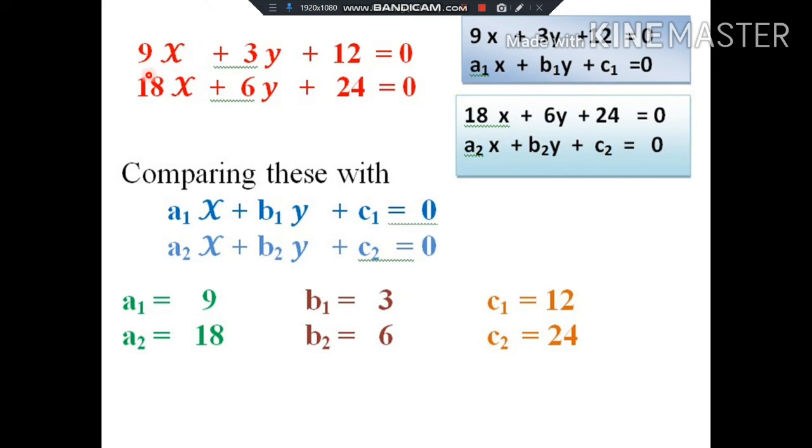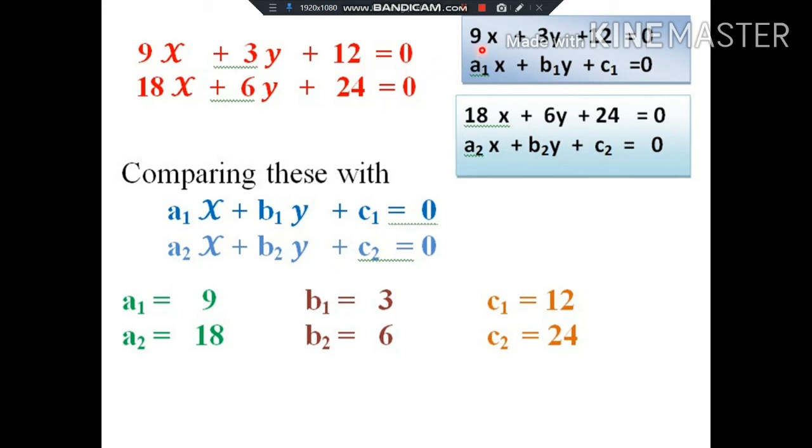Children, we shall solve one more problem. Consider 9x plus 3y plus 12 is equal to 0 and 18x plus 6y plus 24 is equal to 0. Children, we have to compare these equations with the standard equation.